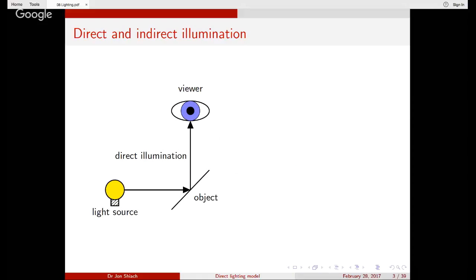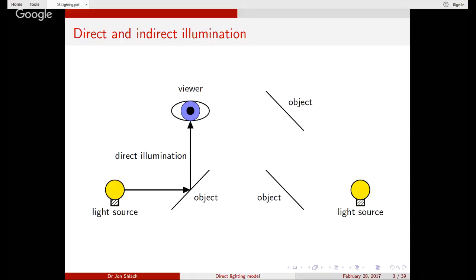Everything you're looking at, you're not actually looking at the object. You're looking at light reflected off of the object. That's what we call direct illumination. For example, one of these lights here in the ceiling falls on any surface you can see around you, and it goes into your eye. That's direct lighting or direct reflection.